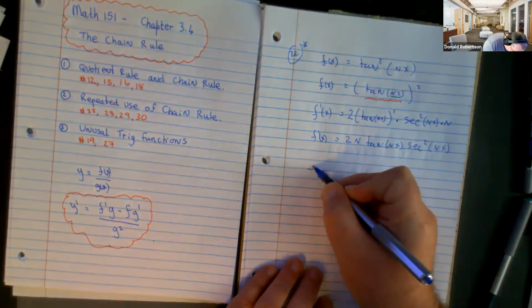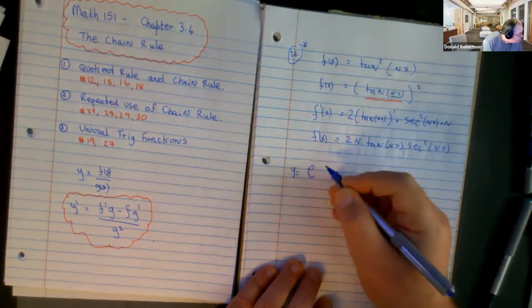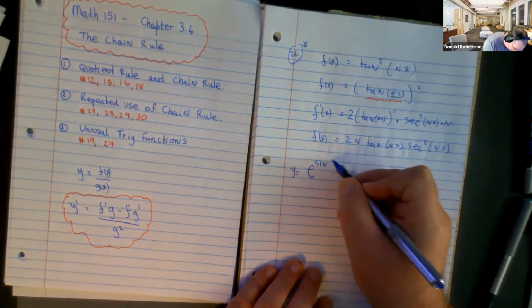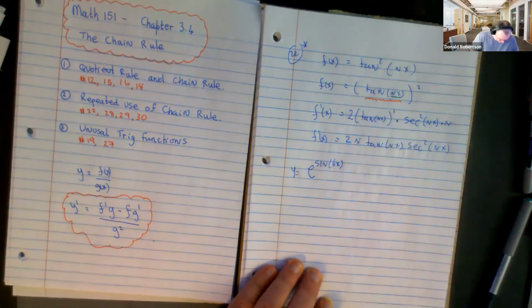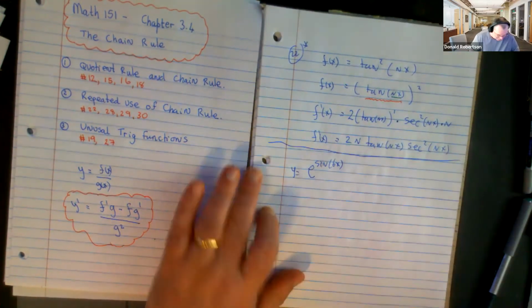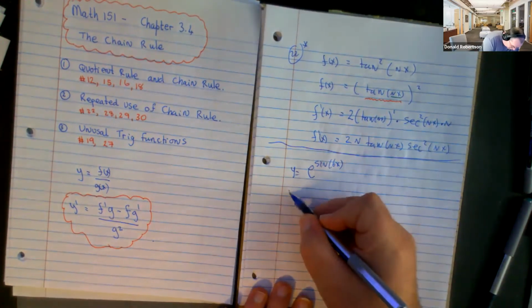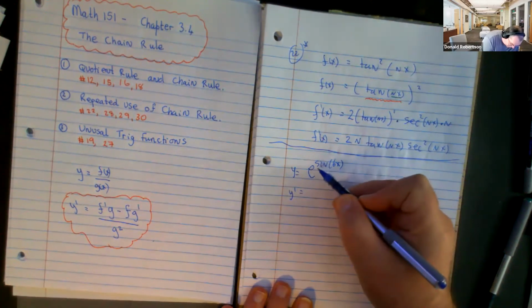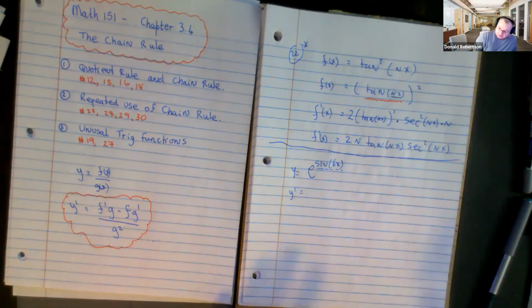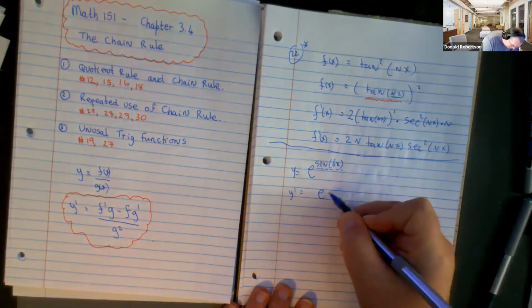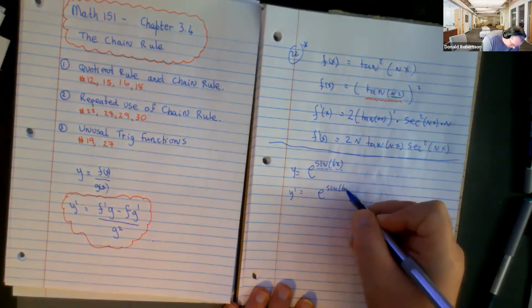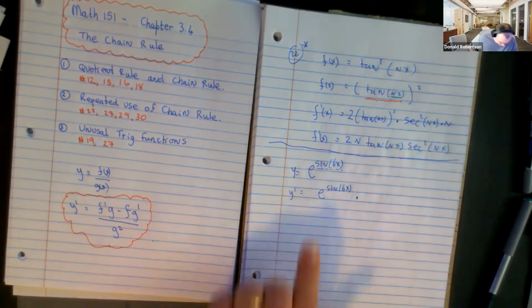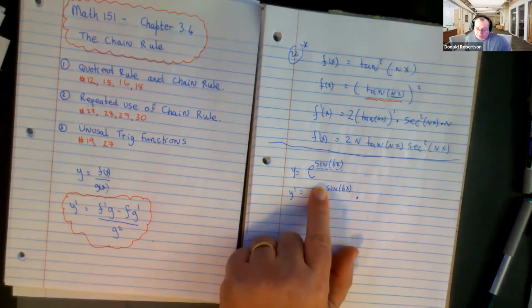Suppose I gave you e to the power of the sine of 6x. You want its derivative. This guy here is technically your inside function, so it's e to the sine of 6x times the derivative of the sine of 6x. Forget about where it came from, just say, okay, times the derivative of the sine of 6x.